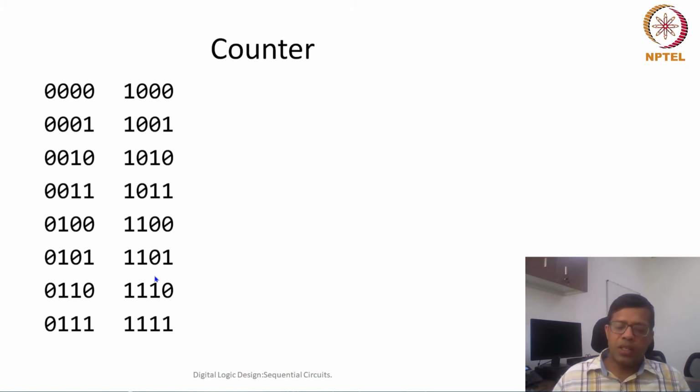And counting is a very important digital circuit in the sense that it can help us count the number of clock cycles. And as we have discussed in one of the previous lectures, the clock period defines how much work can be done within a clock period. So that's how we can have a good estimate of time.